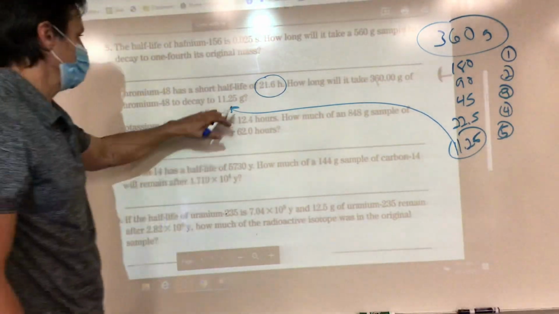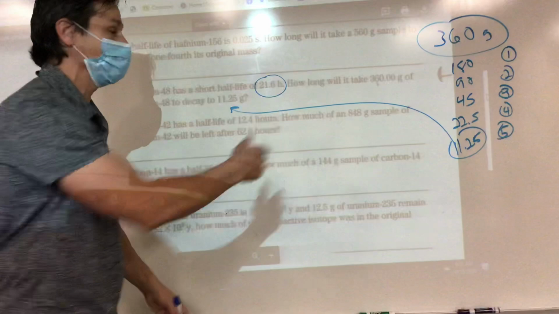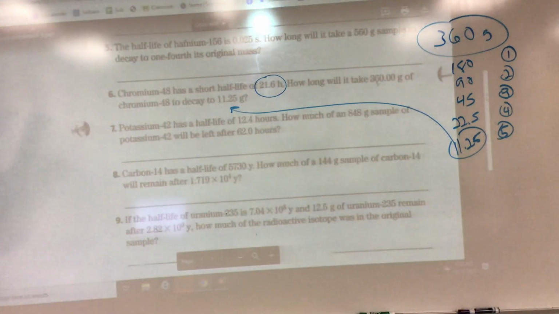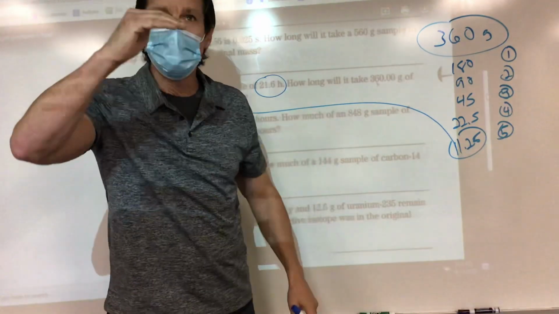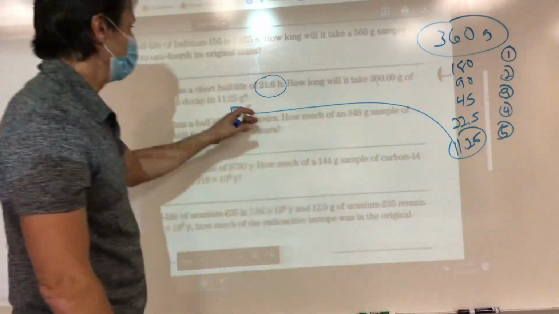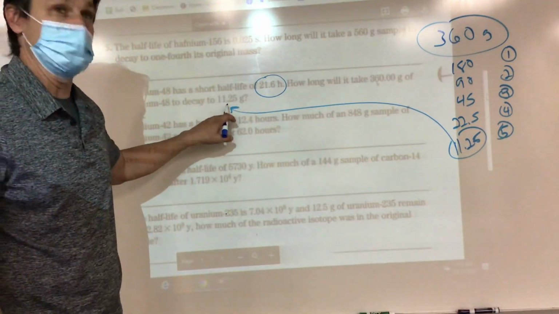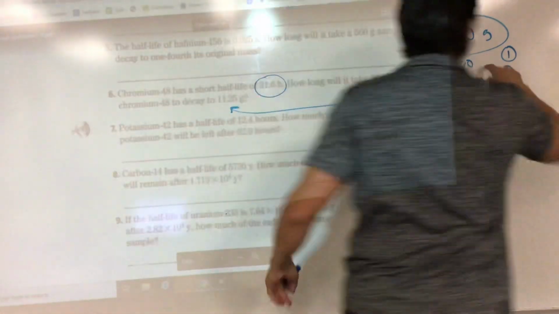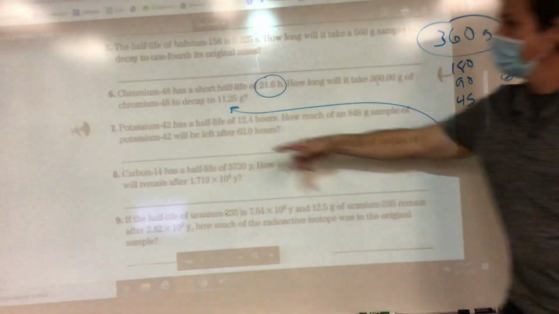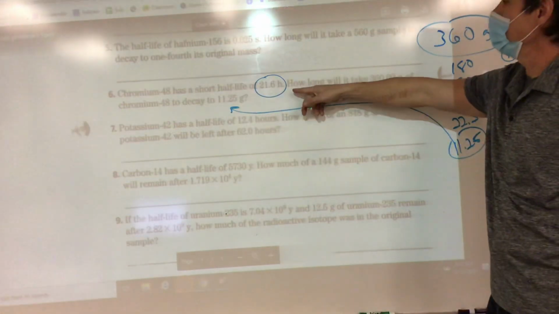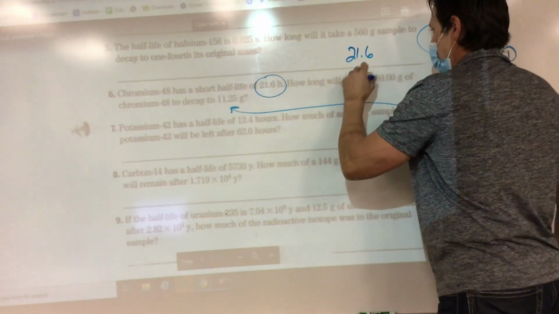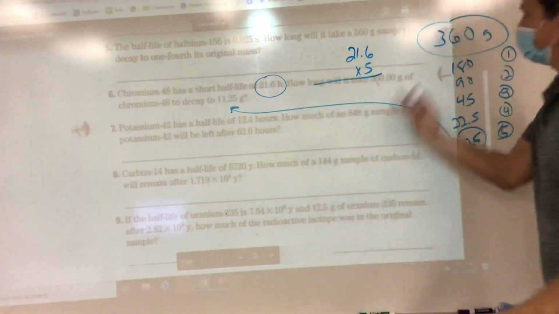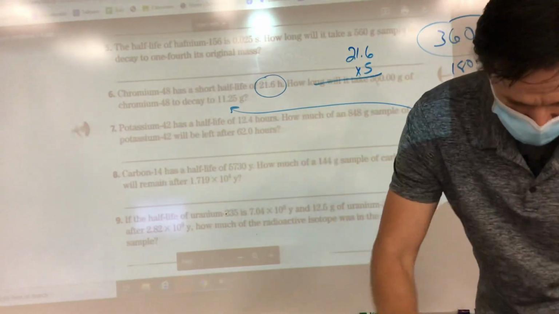Just because it was a bigger number, and I had to divide it more, doesn't make it harder. I still keep the same 1 or 2 procedural steps, do what I know until I get to the number desired or the value that I need. So I went through 5 half-lives. Once again, chromium-48 has a half-life of 21.6, and it went through 5 half-lives, and it wants to know the total, so I would just times what? 21.6 times 5.